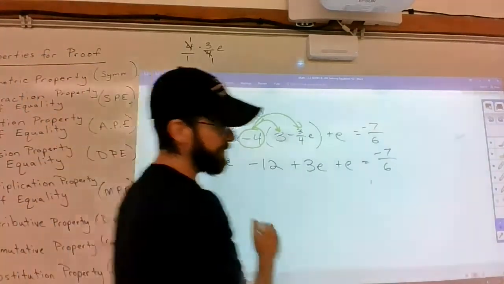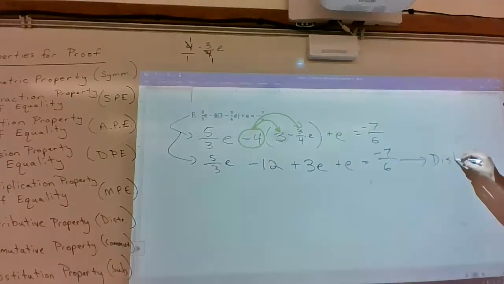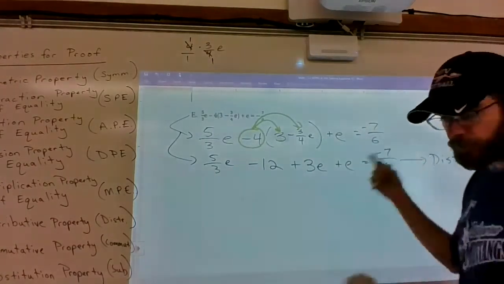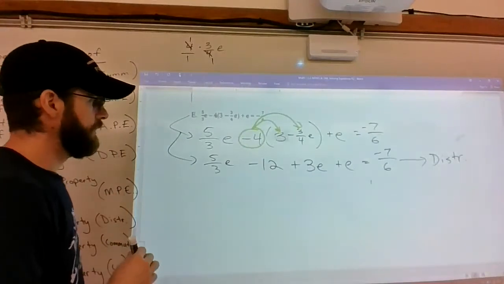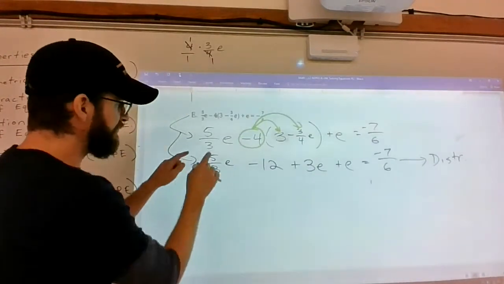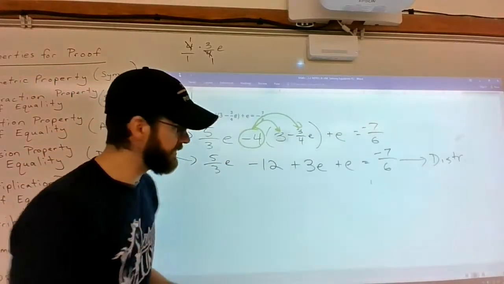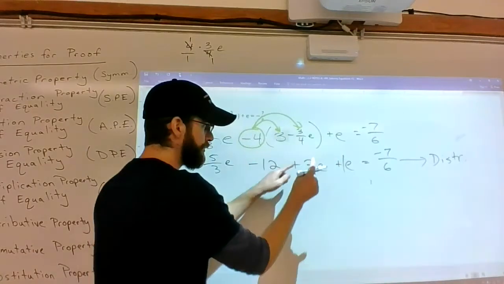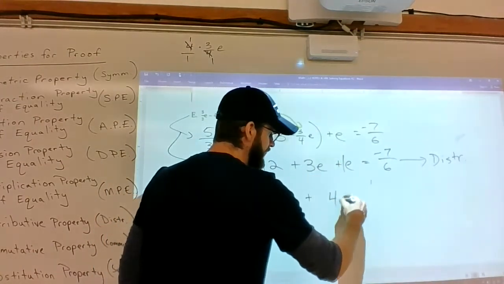So that's the distributive property. Getting rid of parentheses through multiplication is the distributive property. I'm going to do two things at once. I'm going to move the 5/3 e side by side with the -e. Okay?